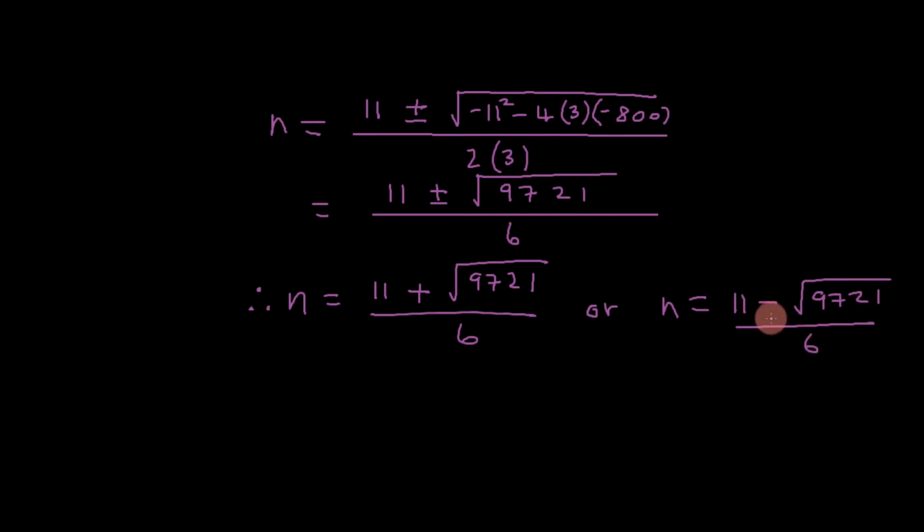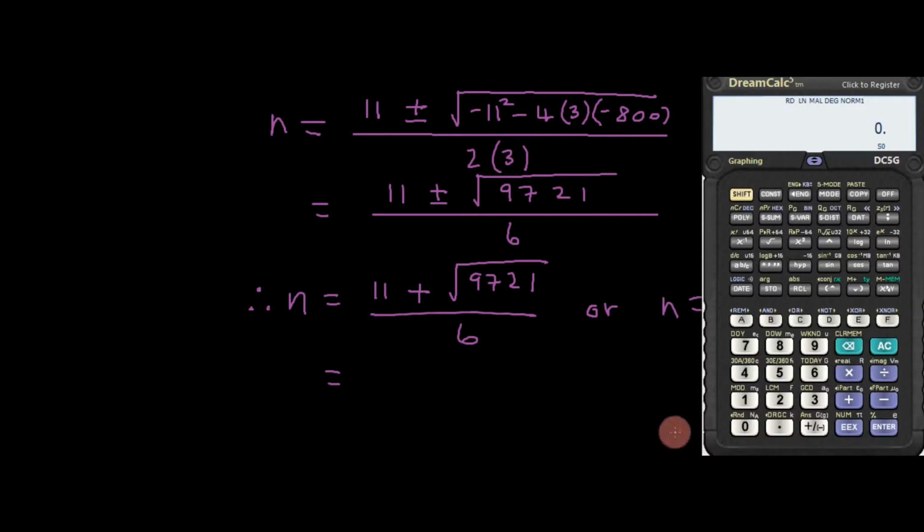This is going to give us a negative answer for n, so this is invalid. Let's see what n comes to here. And we see that n comes to 18.26.